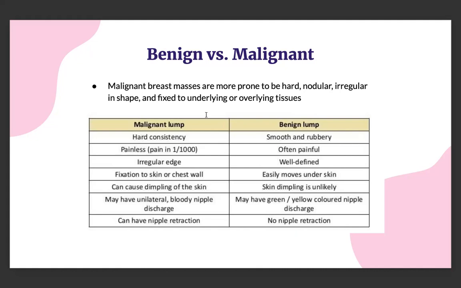So we have the hard consistency, though there is pain, which would suggest benign. For the malignant, we have the hard consistency, irregular edge, fixation to the skin, having skin involvement. And so at that point, we're already leaning towards malignant. However, we cannot completely rule out benign. So can we have the next slide?